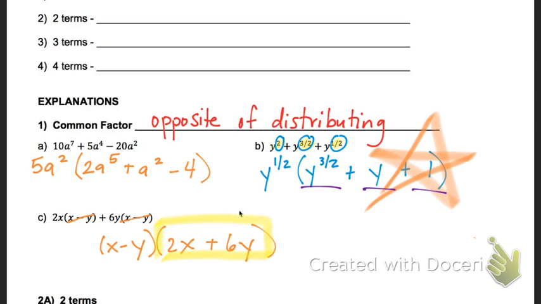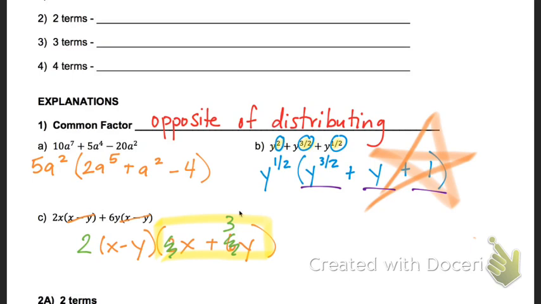A 2. Not 2y, just 2. So then I'm left with x plus 3y. Does that make more sense? Just doing it one step at a time. And I would say part C is a pretty high level common factor.